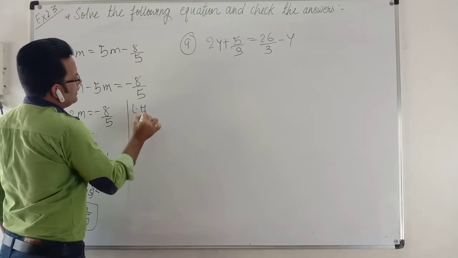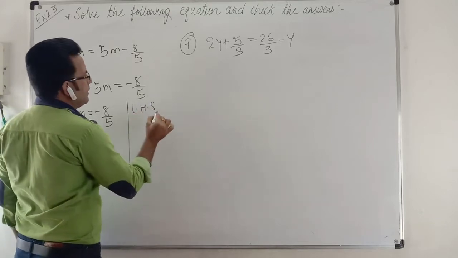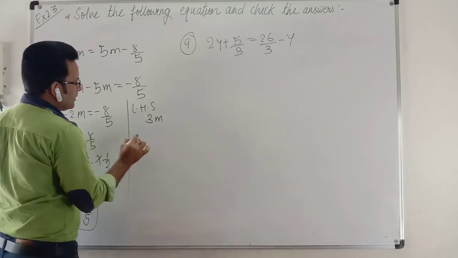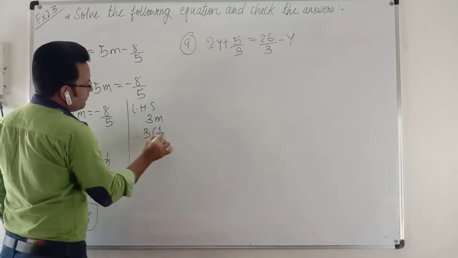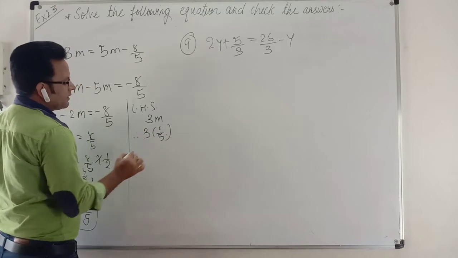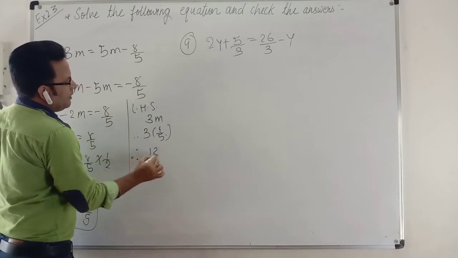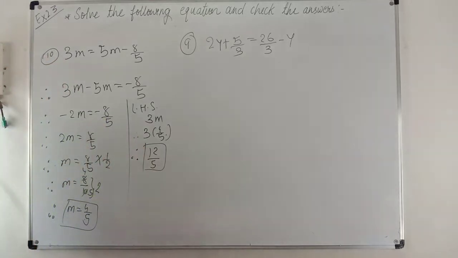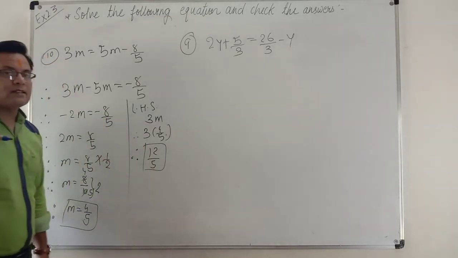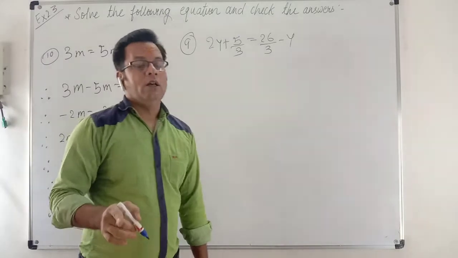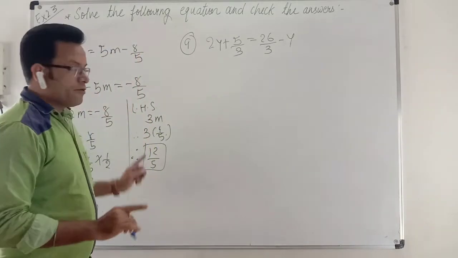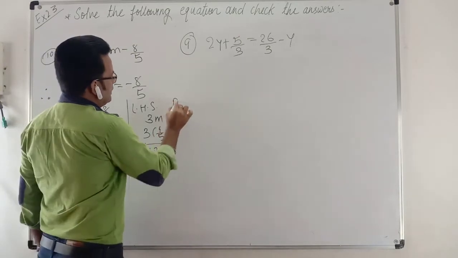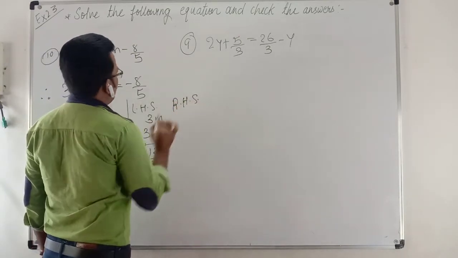So, LHS, that is 3m. Therefore, 3 into 4 upon 5. 3 fours are 12. So, 12 upon 5. Now, you have RHS. RHS also should be the same, 12 upon 5. Otherwise, the answer will be wrong. So, let's do it. RHS.